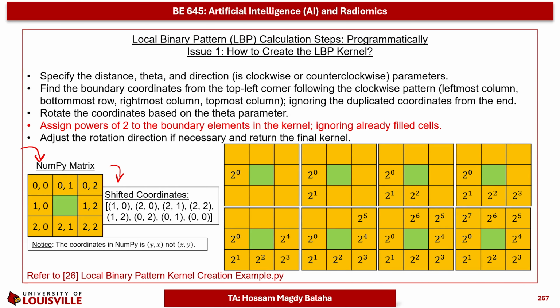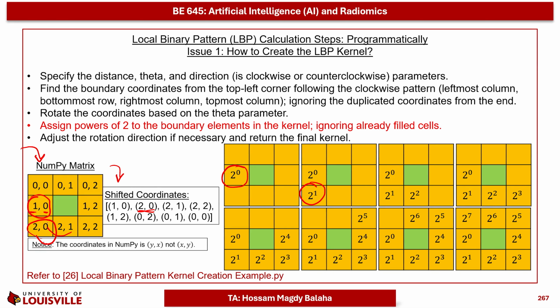So we will start with 1 and 0, y and x, where the first part here in NumPy reflects the row and here reflects the column. So we will fill here 2 raised to the power of the counter starting from 0, so it will be 2 raised to the power of 0. Then 2 and 0, which is here, will be filled with 2 raised to the power of 1.